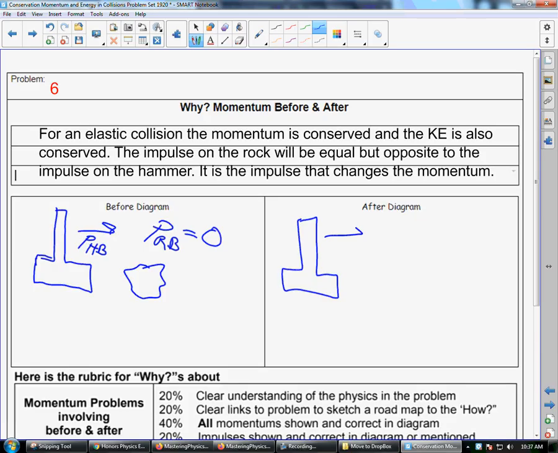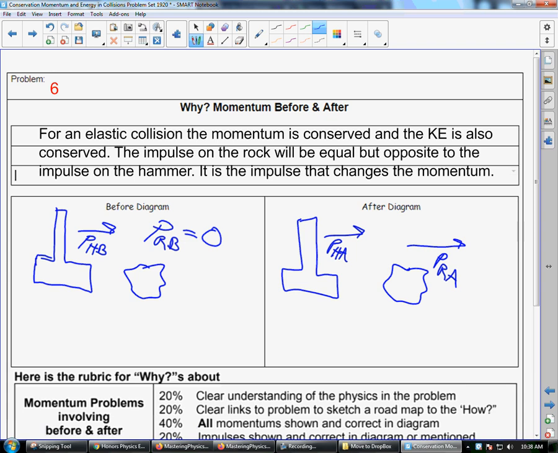So I'm going to say the momentum of the hammer afterwards is still going to be in that direction, and the momentum of the rock afterwards will also be in that direction, thinking back to what I saw in the demonstration. Questions on the why before we move to the how?